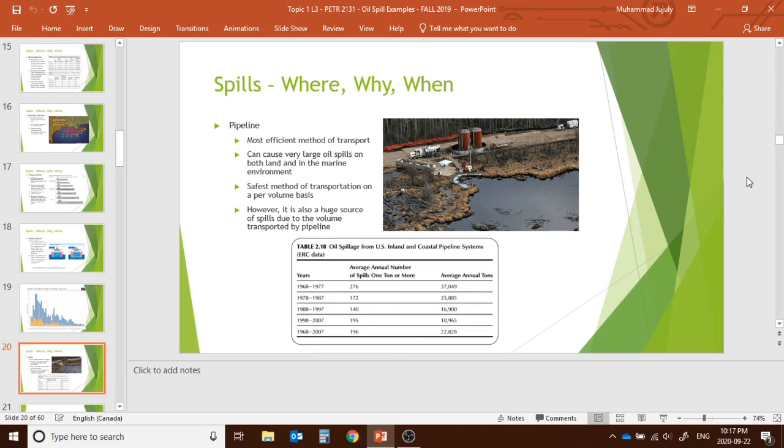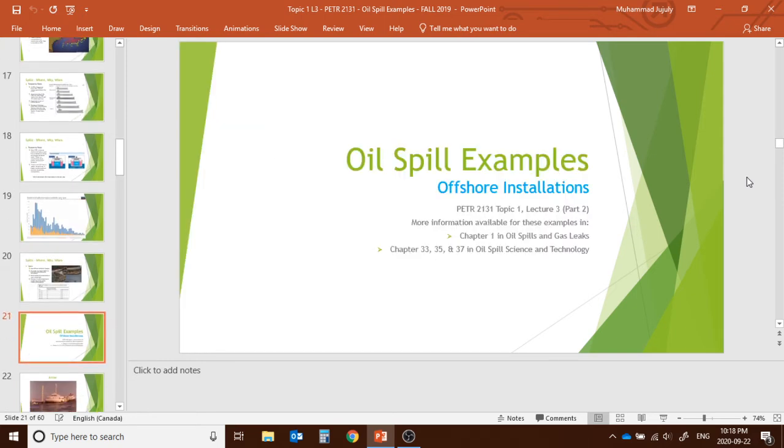But pipelines are one of the safest modes of transportation. If we have any kind of spillage, we can take action immediately, so that it doesn't turn into a disaster. So this is about the spills.